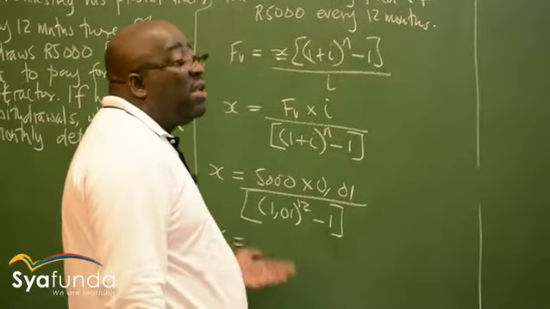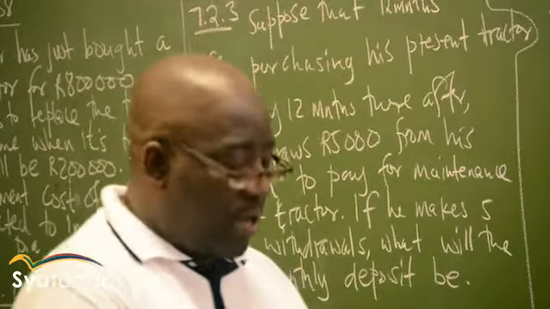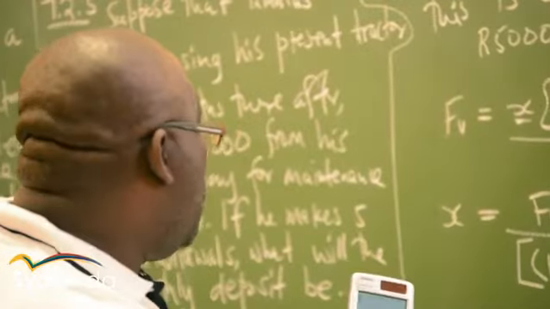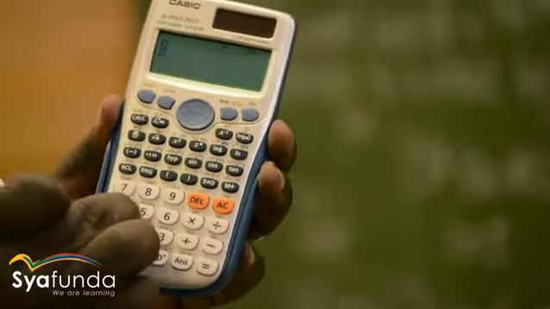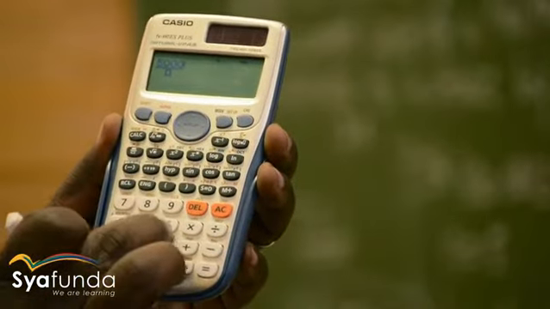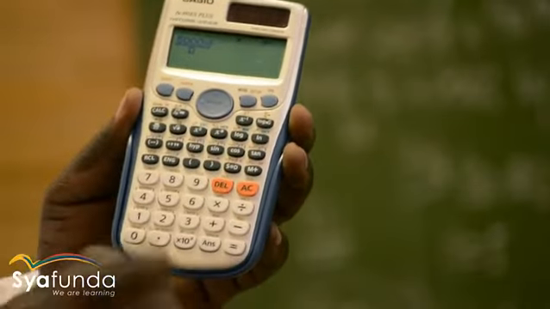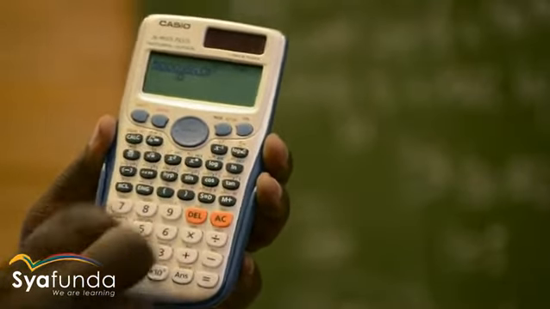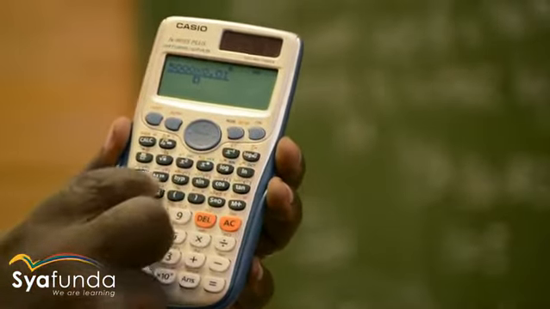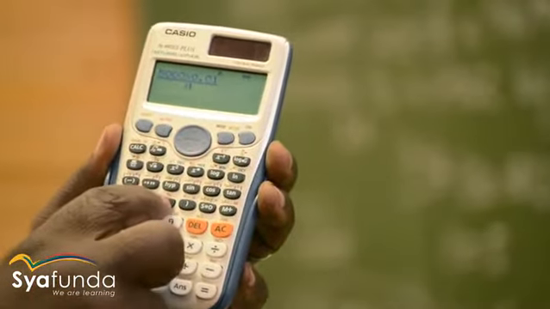This is a fraction. So the first thing that you do in your calculator, you punch the fraction button. Put what you have in your numerator, the future value that we want to get, which is 5,000, multiplied by 0,01. This is now divided by the bigger bracket first and another bracket.